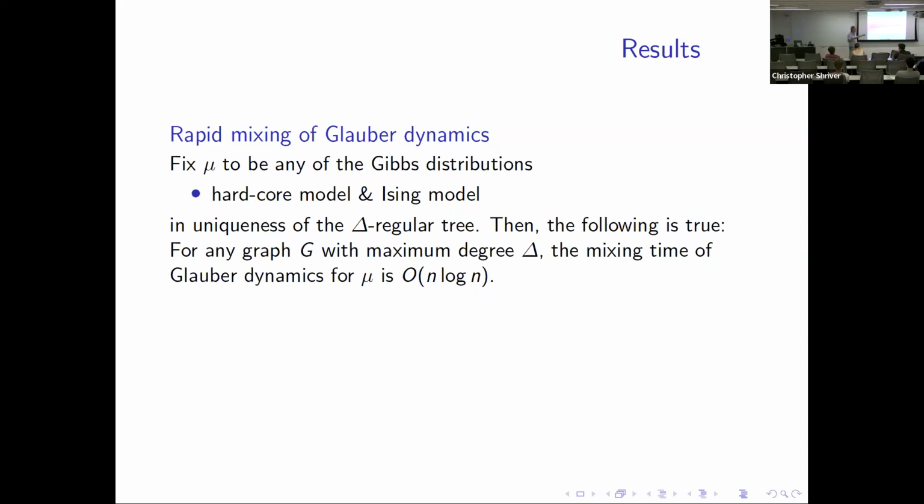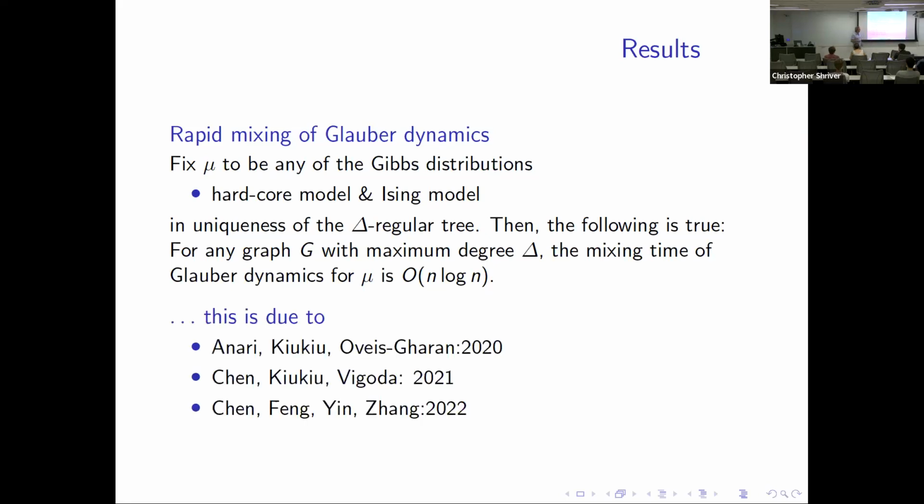So this tells us that the Glauber dynamics mixes fast and actually has the best possible mixing time. Asymptotically you cannot improve this n log n. And this beautiful result basically comes from three papers by Anari, Liu, Oveis Gharan, Chen, Liu, Vigoda, and Chen, Feng, Yin, and Zhang. And this Chen is a different person.